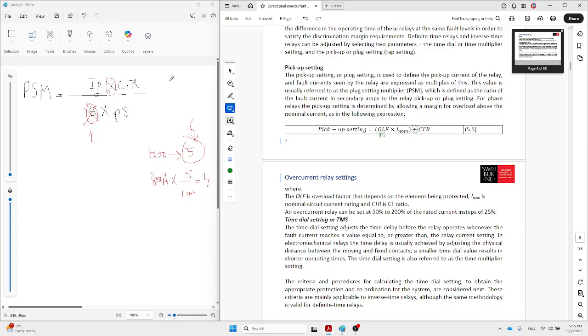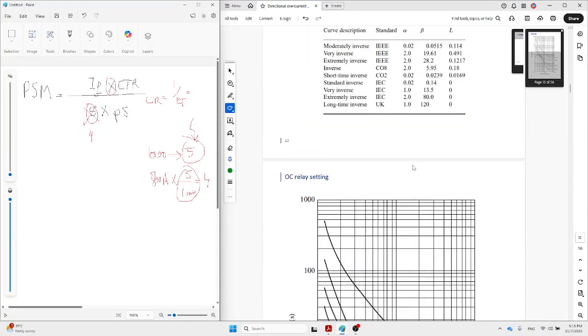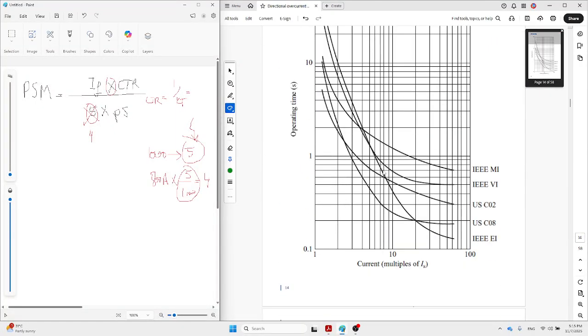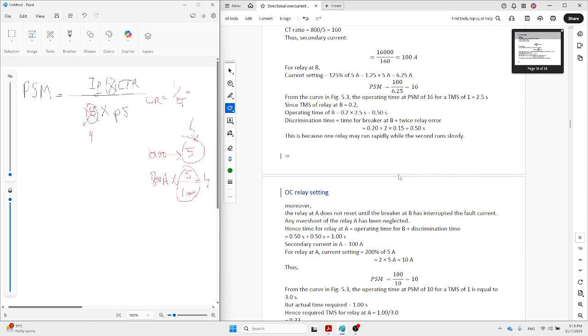It depends on how you consider it: is it 1 over CTR, the CT ratio, or you call it the same as the CT value I mentioned here, 5 over 1000. Consider that we should always reduce the current at the secondary since it is a CT.